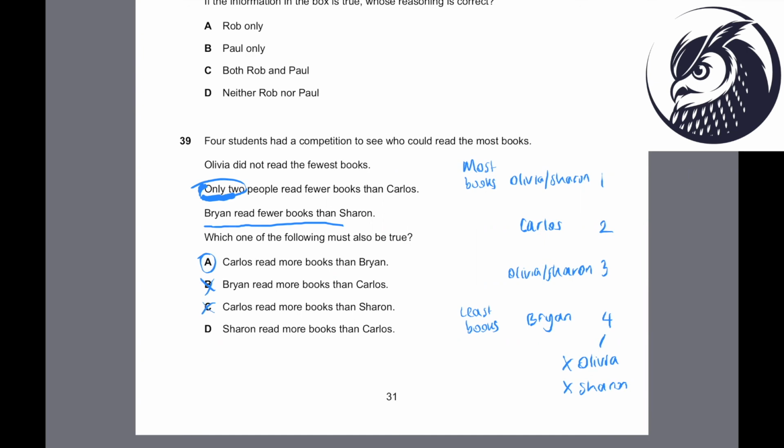Therefore, C is also incorrect. And lastly, the same logic applies for D. D says Sharon read more books than Carlos. Because we don't know Sharon's position, could be 1 or 3, we can't tell whether Sharon read more books than Carlos. Again, we cannot guarantee that to be true. Therefore, the best answer is A.